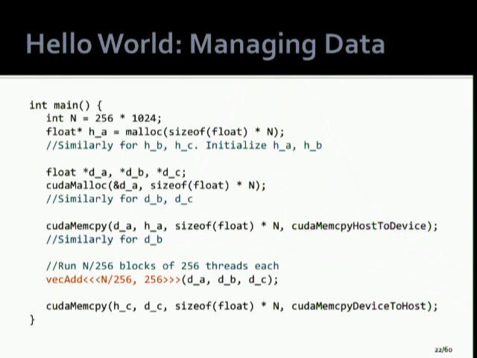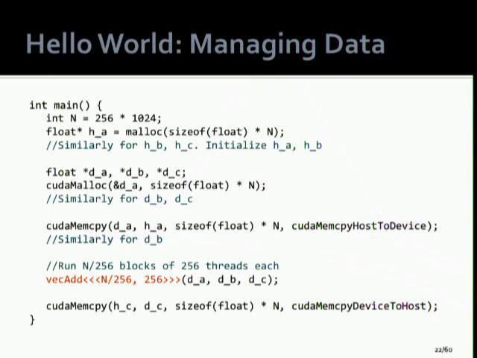But I do want to show you what it looks like to actually use these things on the host. So here's the main function that I threw a lot of details away from before. Let's declare n as some multiple of 256, and then we will malloc data on the host that is sized appropriately. So we're going to make A, B, and C on the host.